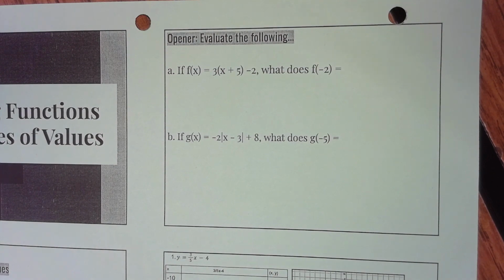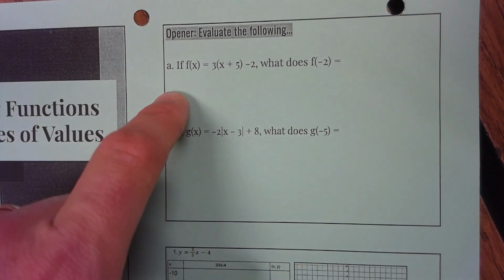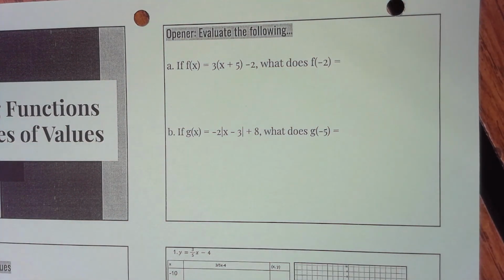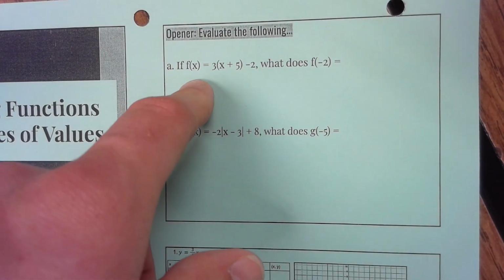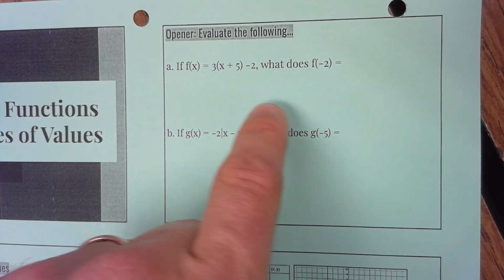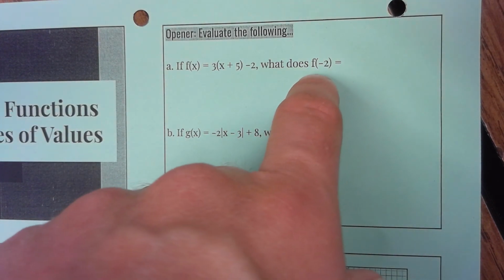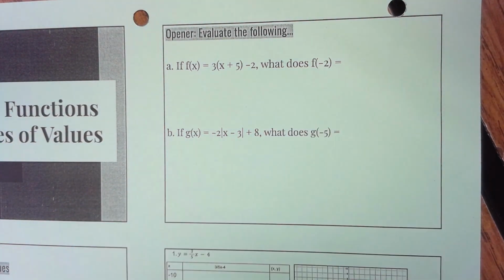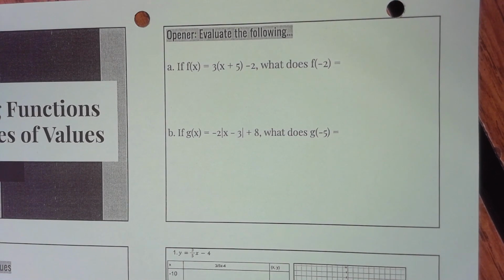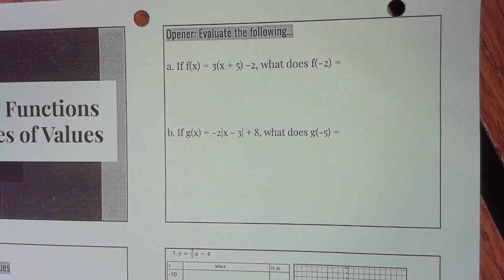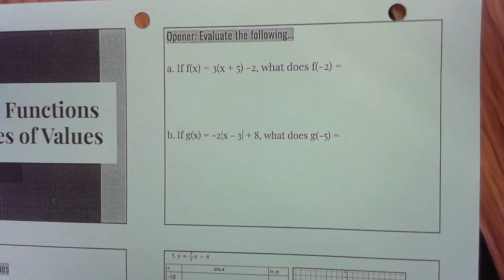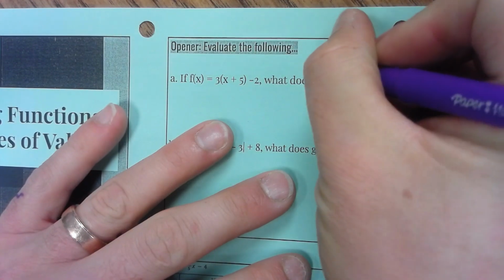One thing that I hope you and your group discussed when you saw this: you said, hey, that's an equation. There's no y. There's f of x that replaced the y. And now what this is asking me to do, f of negative 2, tells me that the x is negative 2. That's really the main thing that you and your group should have identified, that the x value is negative 2, and that is being communicated to us in this part right here.